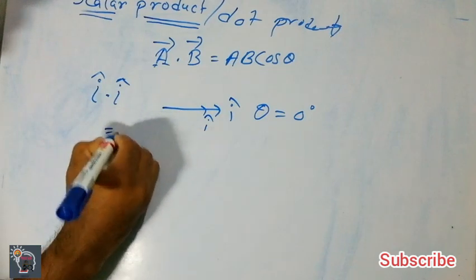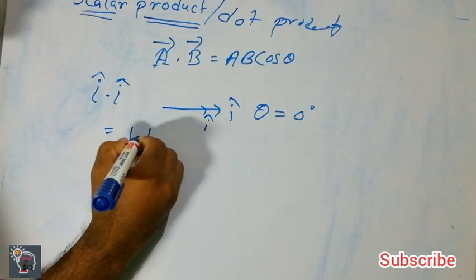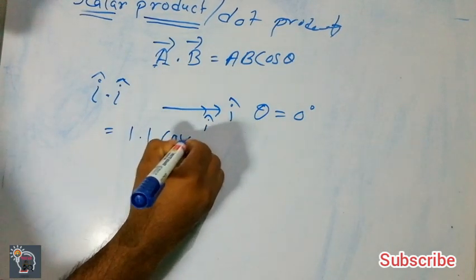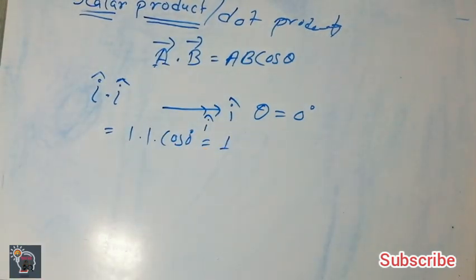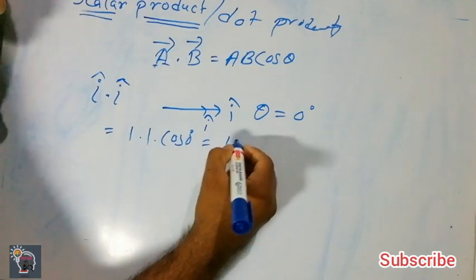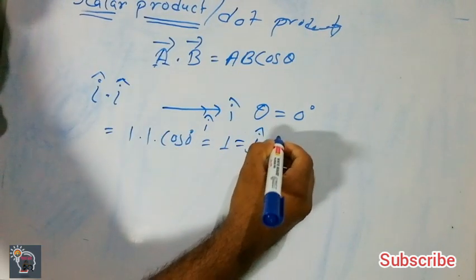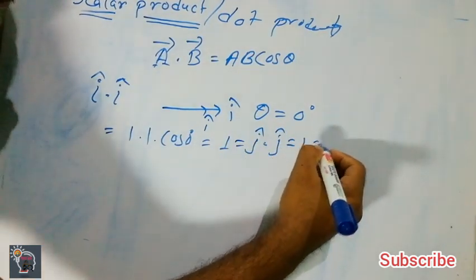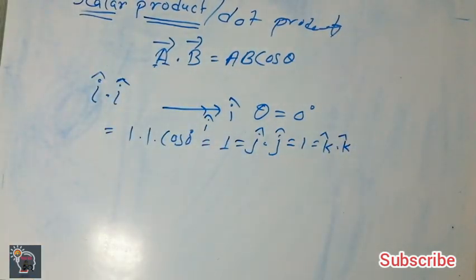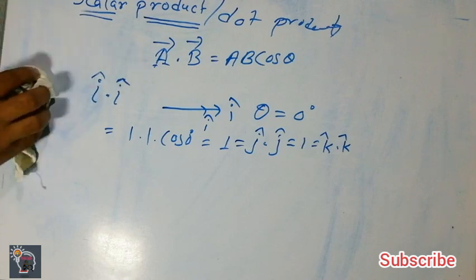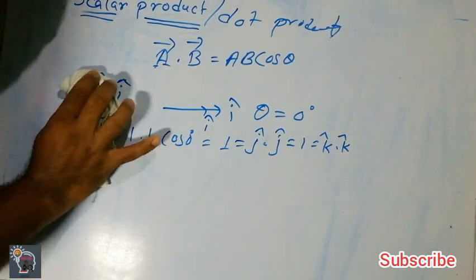So i cap dot i cap is equal to 1 cos 0 degree, which becomes 1. That's why i cap dot i cap is equal to 1, j cap dot j cap is equal to 1, and also k cap dot k cap is equal to 1. So these are the rules of the dot product.